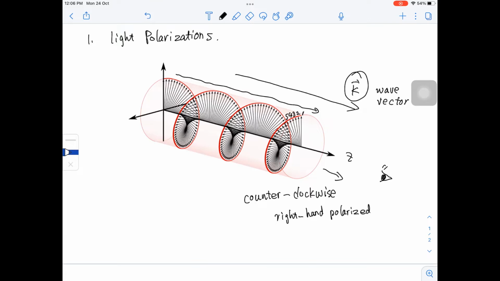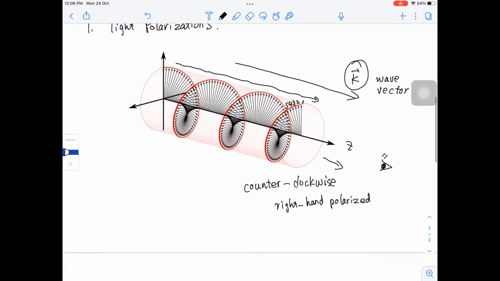Because if you use your right hand and you let the k vector follow your thumb, and the forefingers show the direction the polarization rotates, you can use the right hand to recover this scenario.